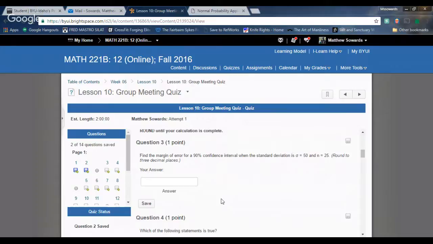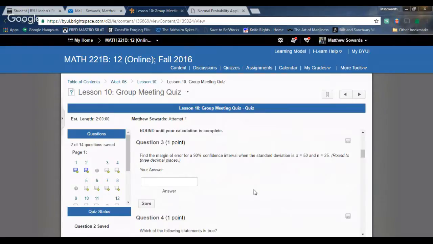So 50 divided by the square root of 25, that's 10. And it's 10 times... Do you remember? Hang on, let me pull out the formula. I think it's 10. Okay, here we go.